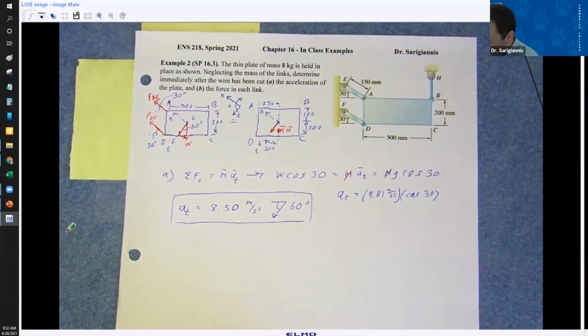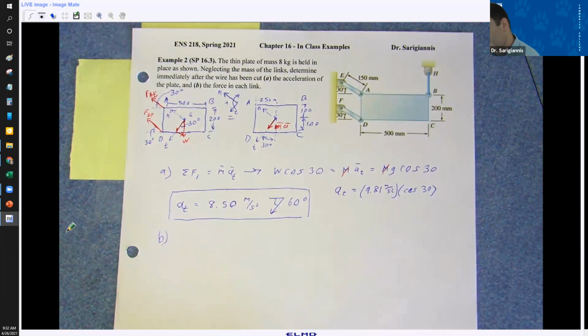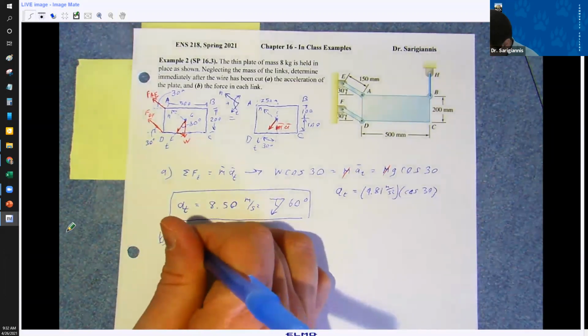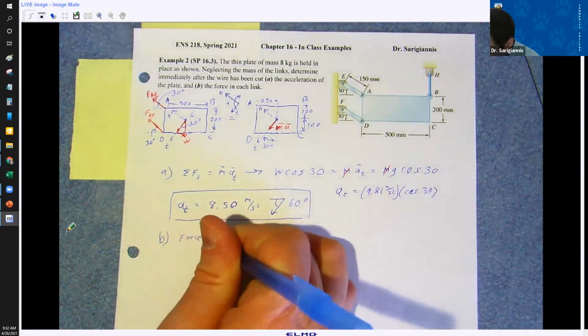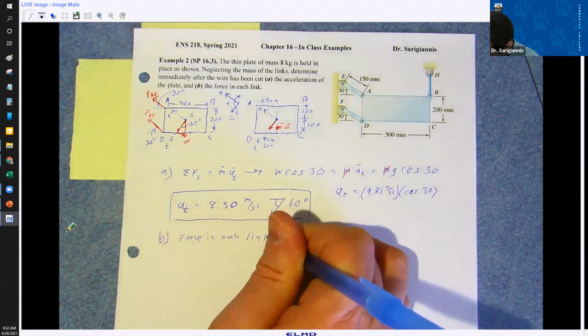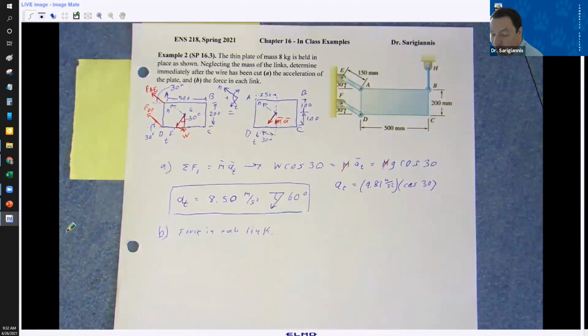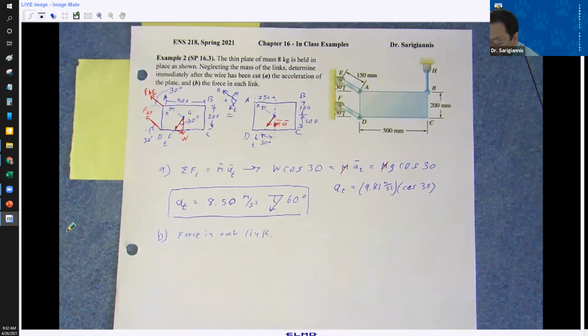All right, so part B is determining the force in each link. So the first part was just sum of the forces equals MA. Now we're going to do a little more detailed analysis.